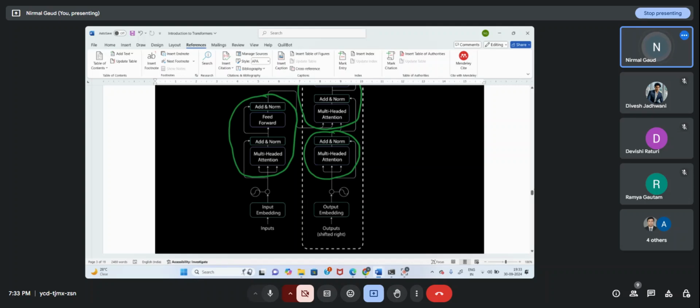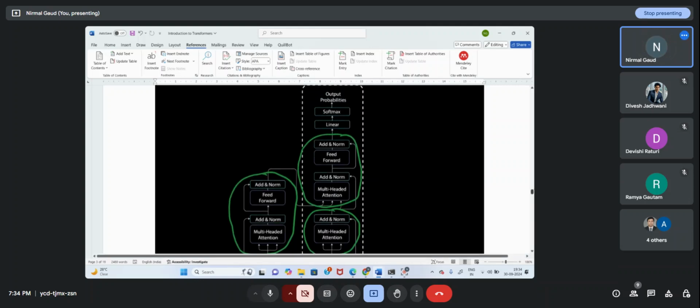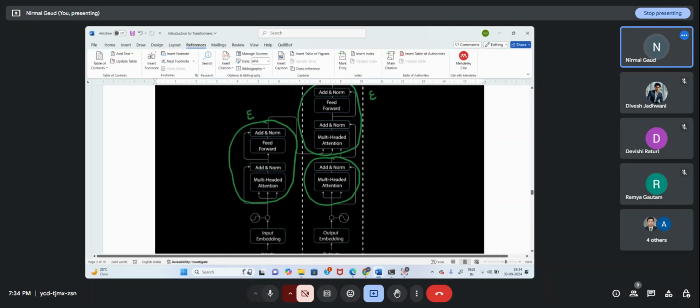So two multi-head, and like the encoder. So this is your encoder. This also seems to have the same sublayers as the encoder, and this is your multi-head attention.